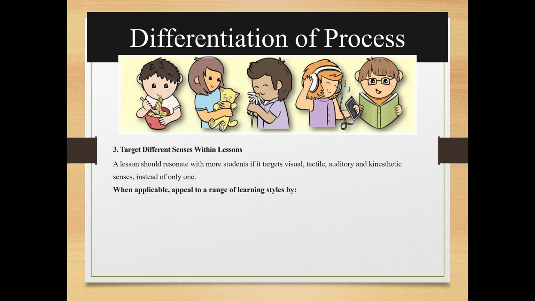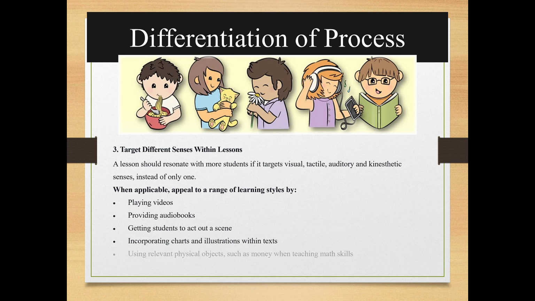When applicable, appeal to a range of learning styles by playing videos, providing audiobooks, getting students to act out a scene, incorporating charts and illustrations within the text, and using relevant physical objects, such as money, when teaching math skills.